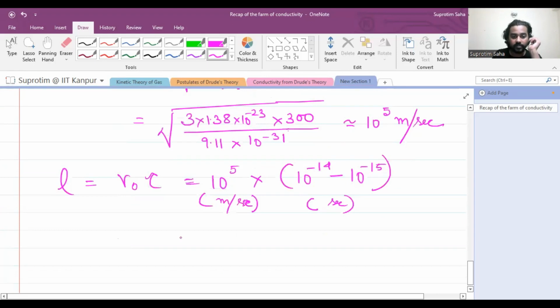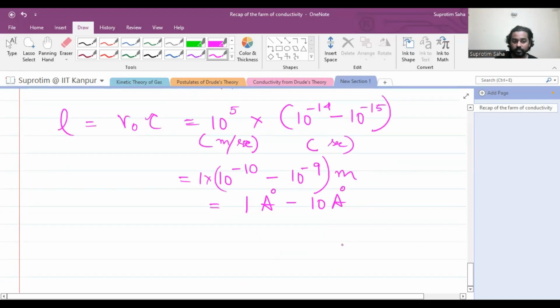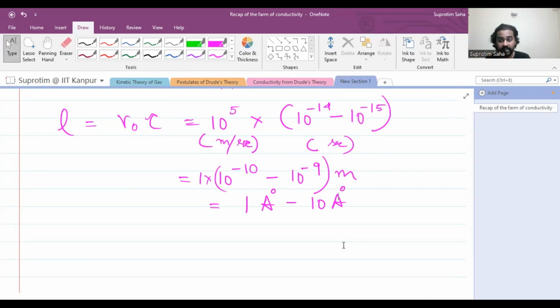So this is 10 raised to minus 10 to 10 raised to minus 9 meter, which is equal to 1 angstrom to 10 angstrom. So the estimate that we get of the typical mean free path of the electrons or the charge carriers is around 1 angstrom to 10 angstrom.